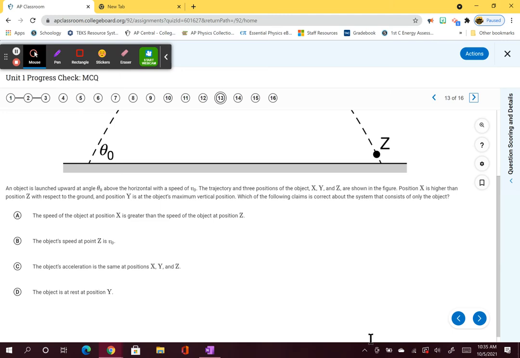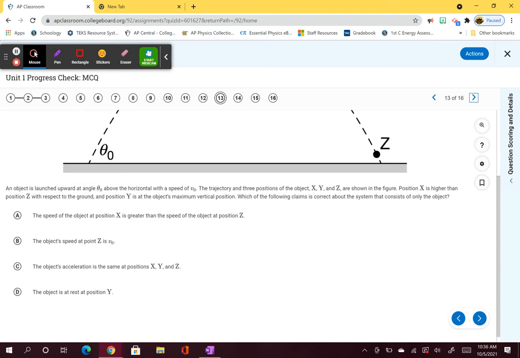Position x is higher than position z with respect to the ground, and position y is the object's maximum vertical position. Which of the following claims is correct about the system that consists of only the object?